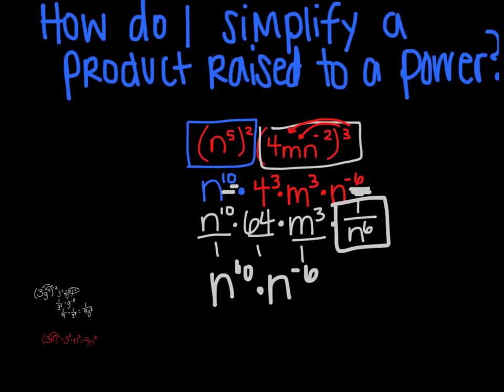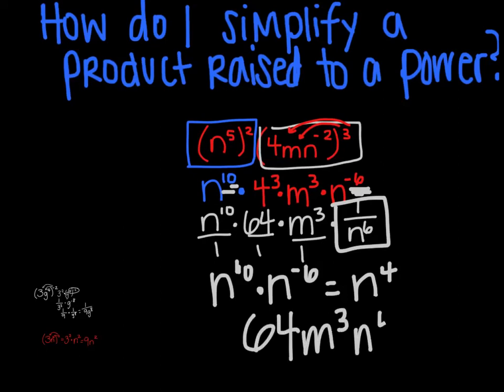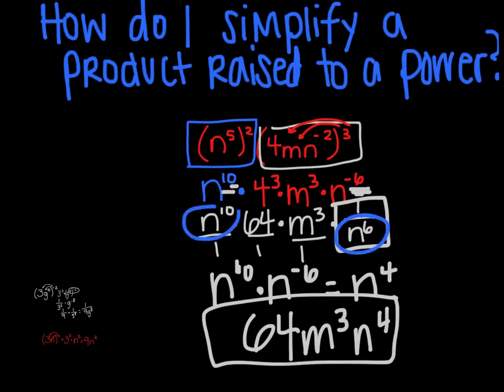And we know that we can add these together, which will give us n to the 4th power, which means our final answer then would be 64 m to the 3rd, n to the 4th as a final answer. You would still get it either way using the n to the 10th in the numerator and the 6th in the denominator, but that's something you haven't quite learned yet, but you can figure it out. It would still give you n to the 4th as a final answer.